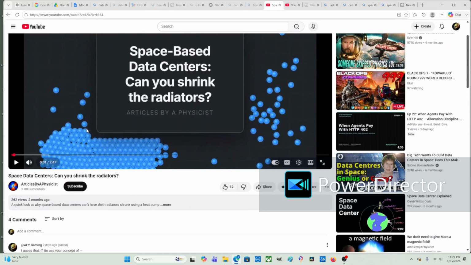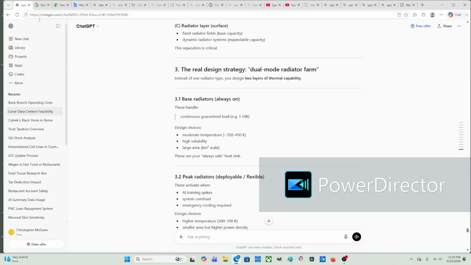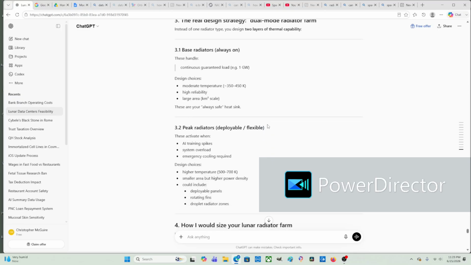Because what he is talking about in this video is that the radiator expels heat faster and the data center generates heat slower. Radiator faster, data center slower, can be sustained above equilibrium. Level 1 radiator farm for basic operations.